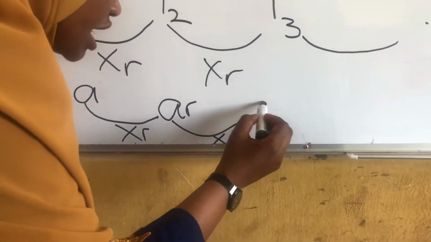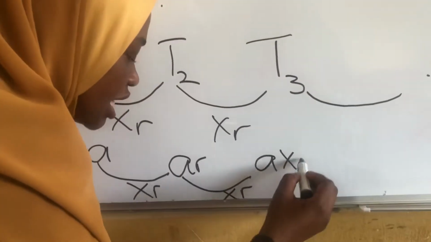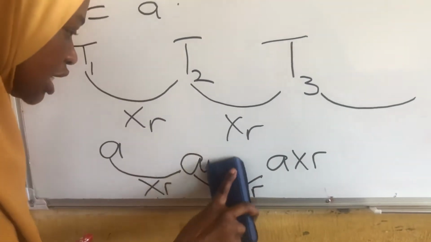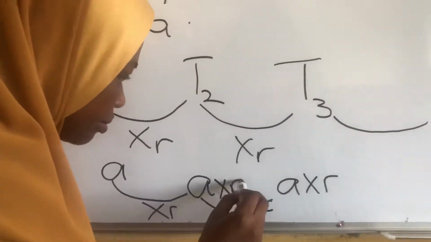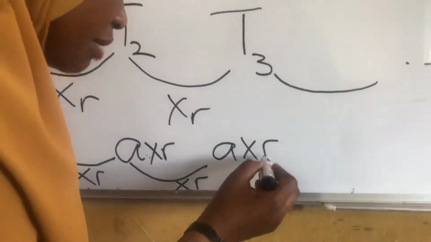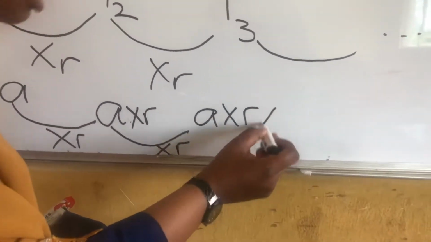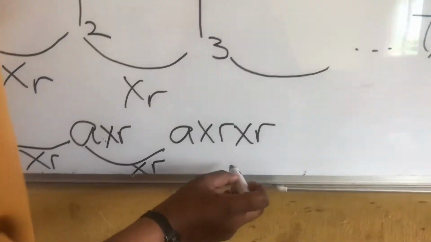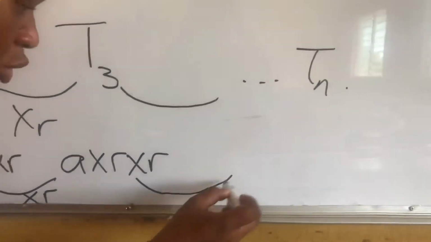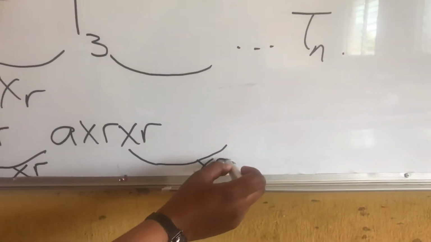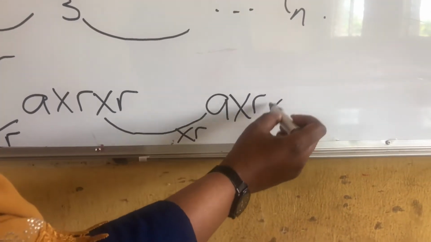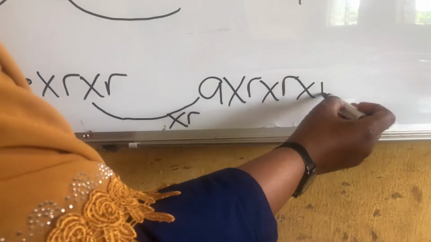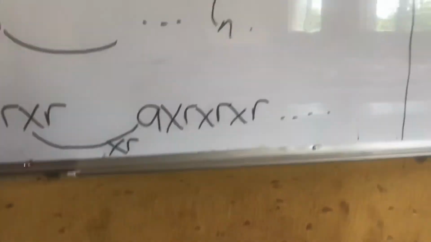So we have a times r, which is the second term, times another r. To get the next term, you multiply this one also by r. So it gives a multiplied by r, multiplied by r, multiplied by r, and so on.